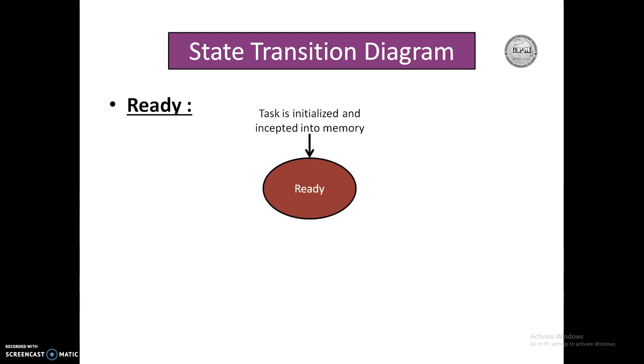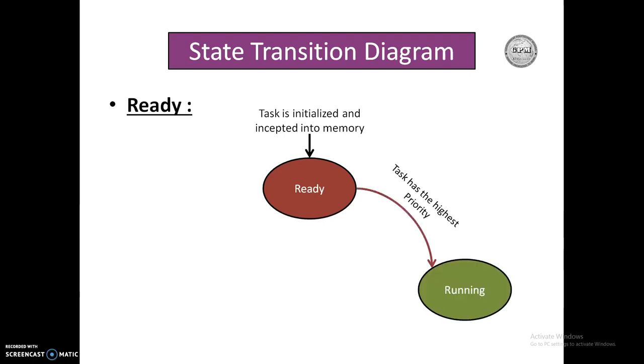In this state, the task actively competes with all other ready tasks for CPU execution time. Several tasks might be in the ready state. The kernel scheduler uses the priority of each task to determine which task is to be moved to the running state.